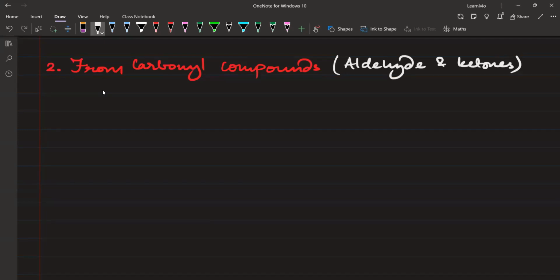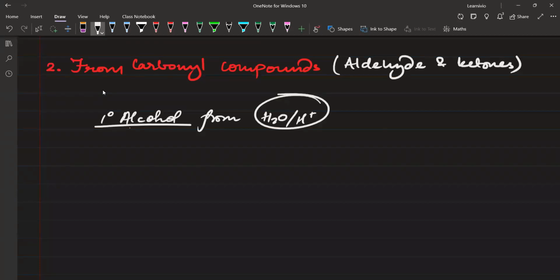See, the primary alcohol that we can form from 1 degree alcohol, ठीक है ना? From H2O, H plus, acidic hydration, if you want to make 1 degree alcohol, then the only 1 degree alcohol that you can make using acidic hydration of alkene is ethanol.